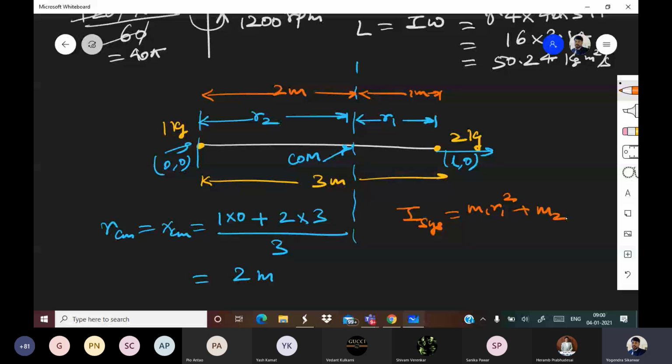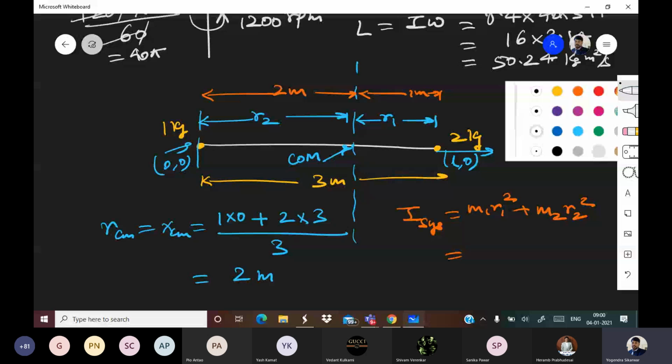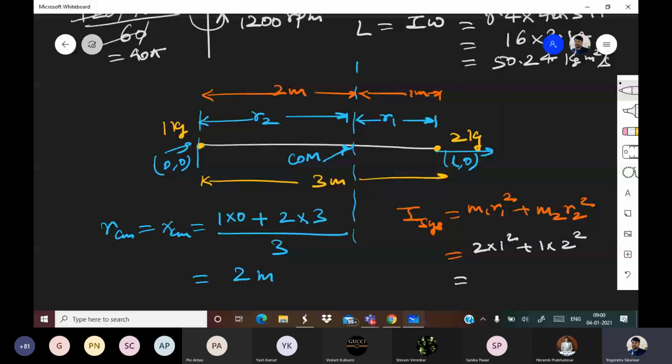Taking M1 as 2 kg, it is 2 into 1 square plus 1 into 2 square, which is 2 plus 4, that is 6 kg meter square. So the moment of inertia comes out to be 6 kg meter square.